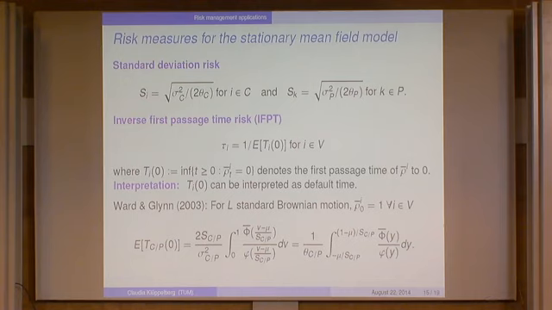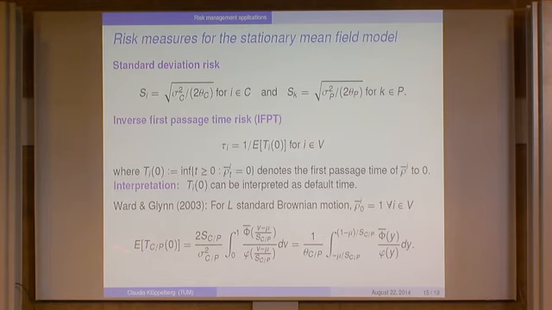Then you can also formulate an inverse first passage time risk, calculating the expected first passage, which you can interpret as a default time, of course. This gives you another risk measure, and for this it's known what this expectation looks like.